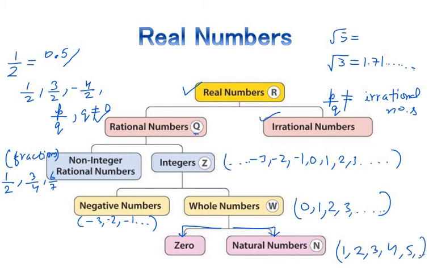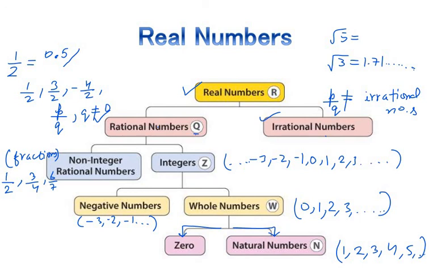So these are the basic concepts of real numbers. You must know that real numbers have a set of rational numbers as well as irrational numbers. Rational numbers are then divided into two parts, non-integer rational numbers and integers. Integers consist of all the negative numbers, positive numbers and 0 too.